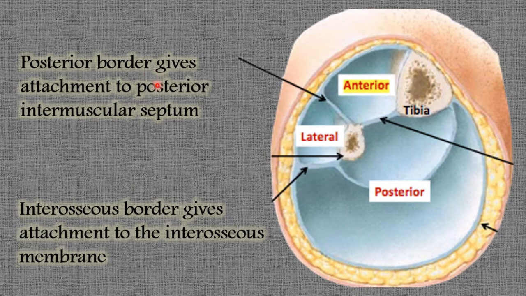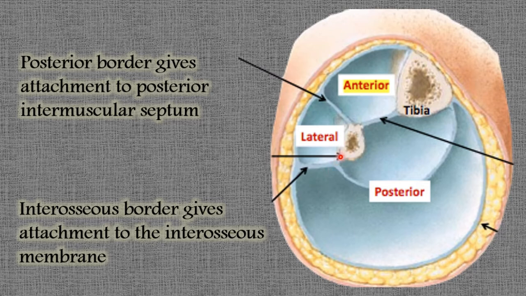Posterior border gives attachment to the posterior intermuscular septum. As you can see, this is fibula, this is tibia, this is the anterior border, right? This is posterior border, and this is medial border or interosseous border. So posterior border gives attachment to the posterior intermuscular septum.